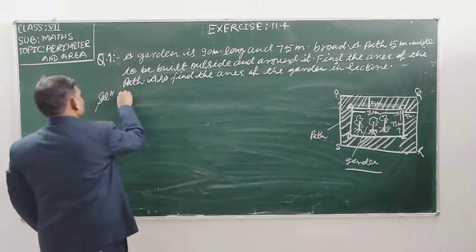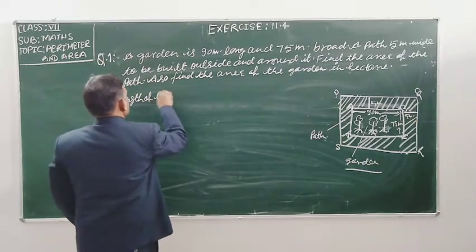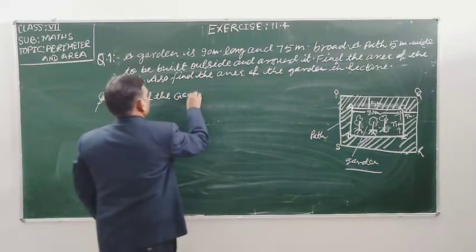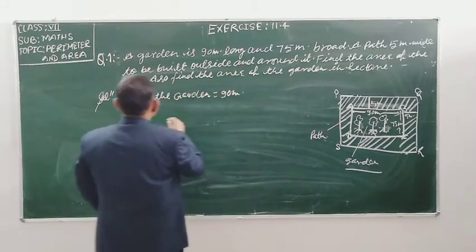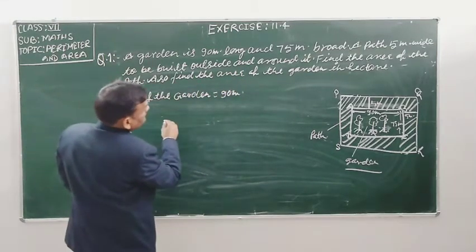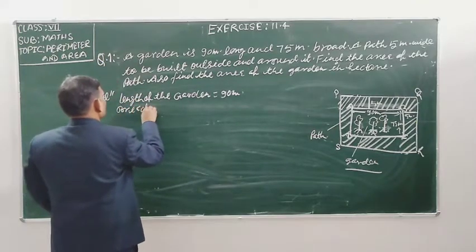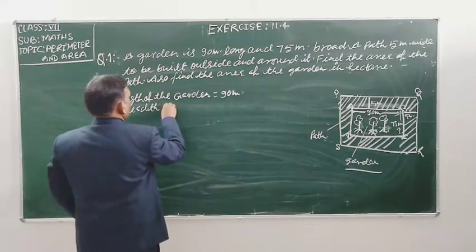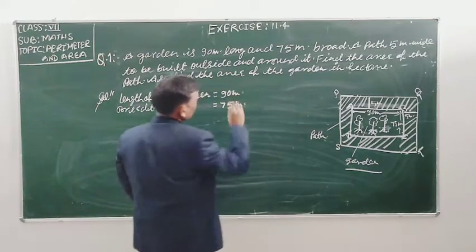Length of the garden is equal to 90 meter and breadth of the garden is equal to 75 meter.